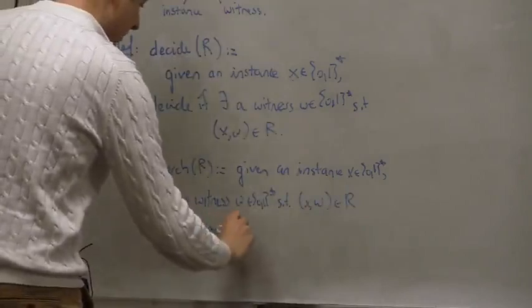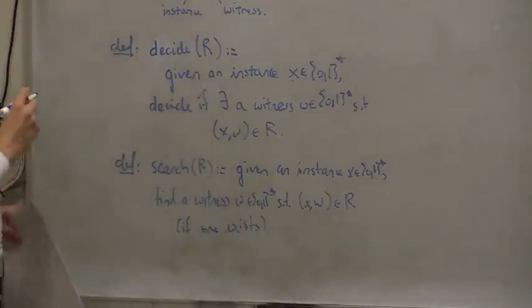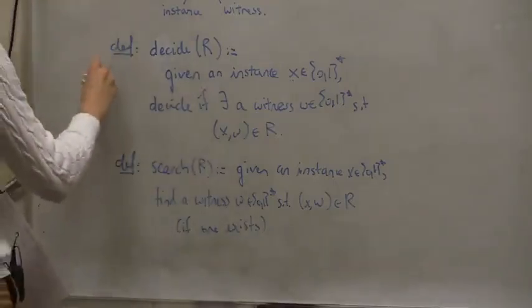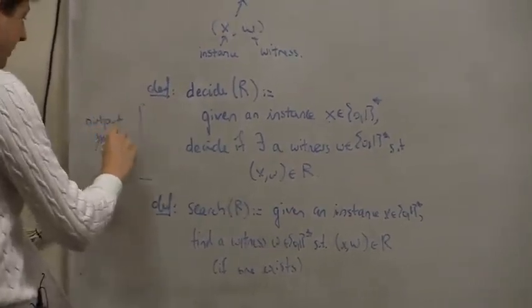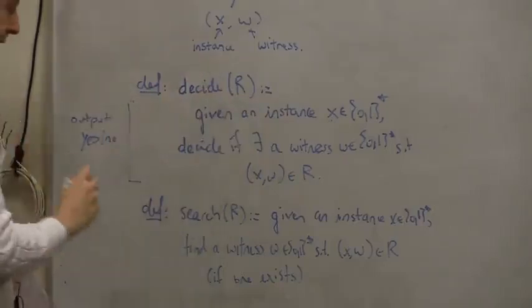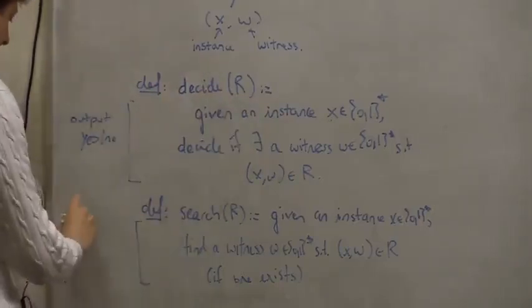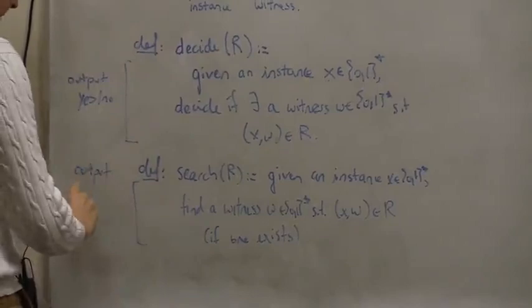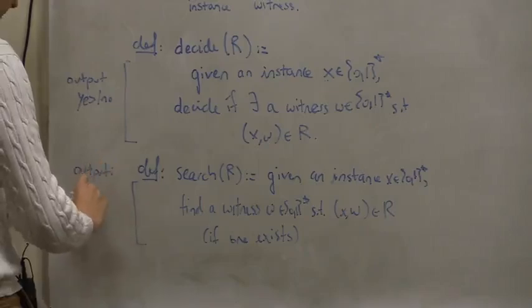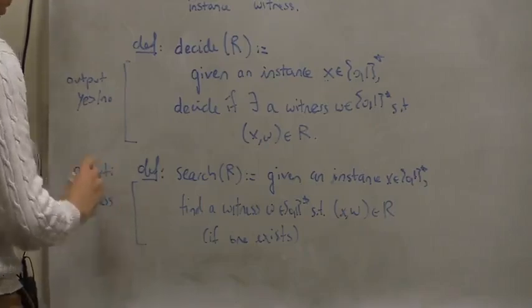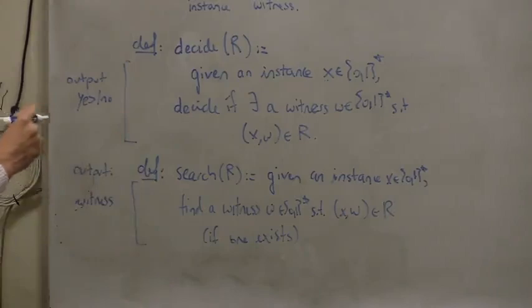It could be that there is no such w. So here the output is a yes-no answer, that's why we call this Decide. And here the output is the solution to the problem, the witness. So it's not necessarily a binary output.